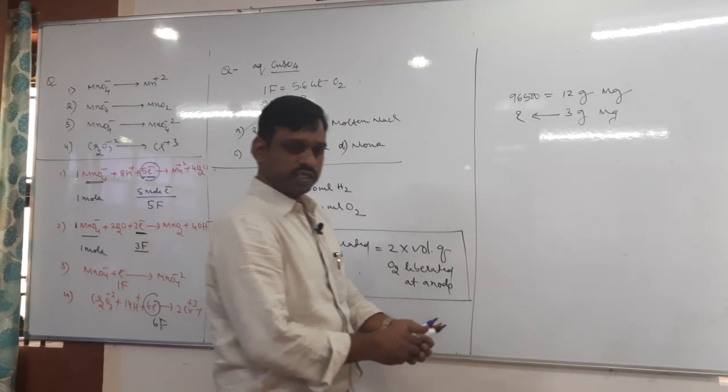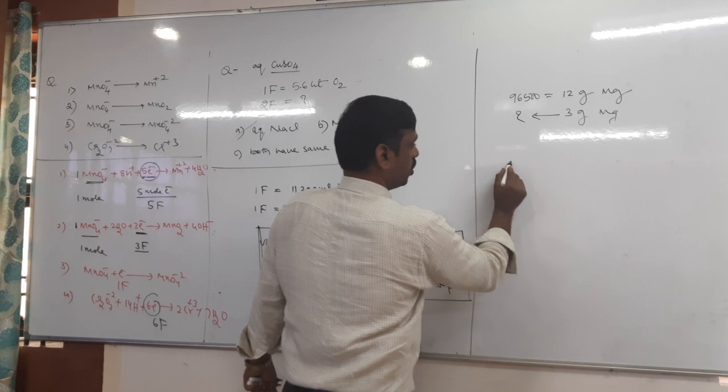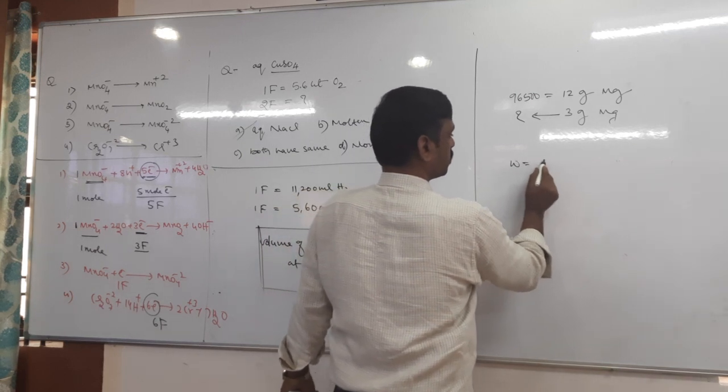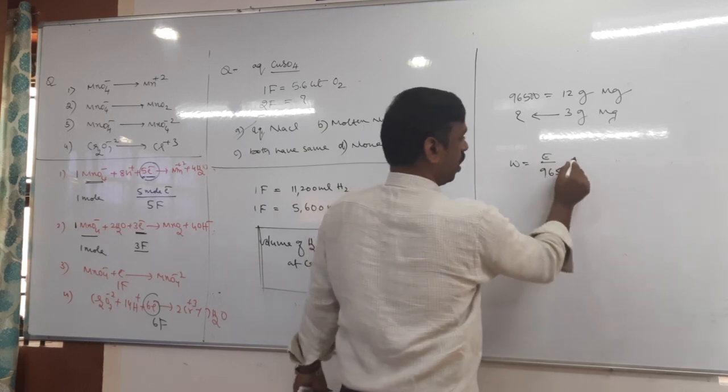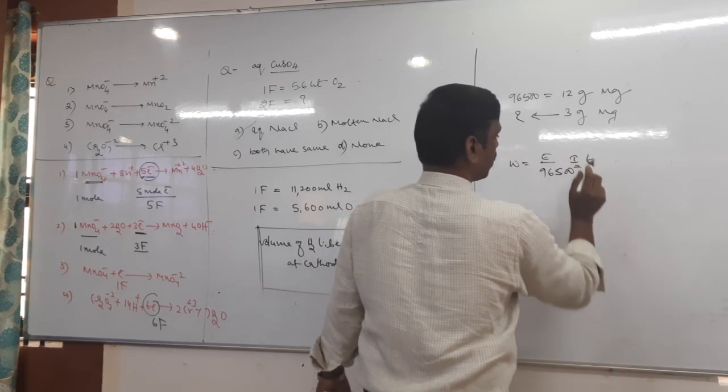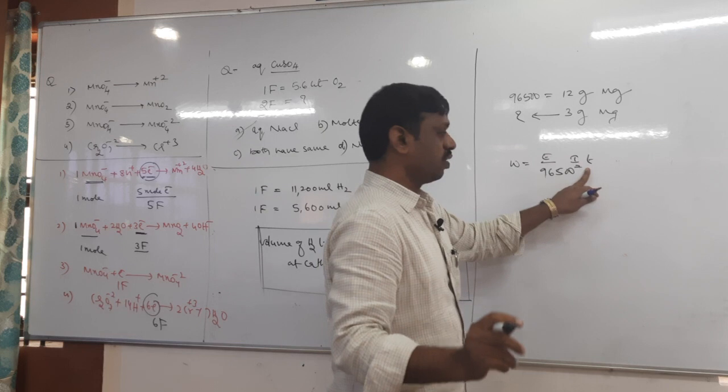Okay, the data is enough. W equals E by 96,500 coulomb into I into T. I is required. We want T. Okay, right.